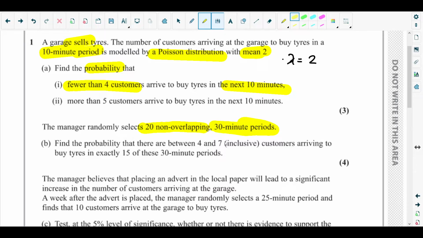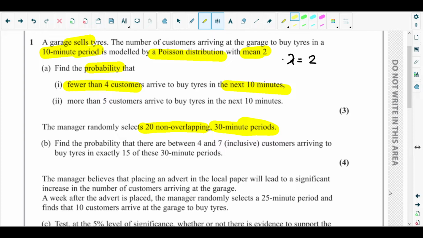So we know that for a Poisson distribution, the mean depends on the period, or the size, isn't it? For 10 minutes it was 2, that means for 20 minutes it will be twice, because 20 is twice of 10, so the mean will be 4.